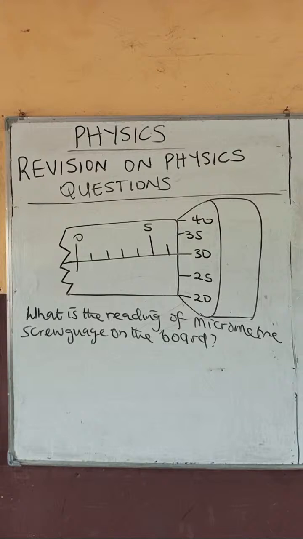Okay. David, what's your answer? Raymond, 6.30 millimeters. Okay. Dama, 6.30. Okay. Nkechi, 6.30.